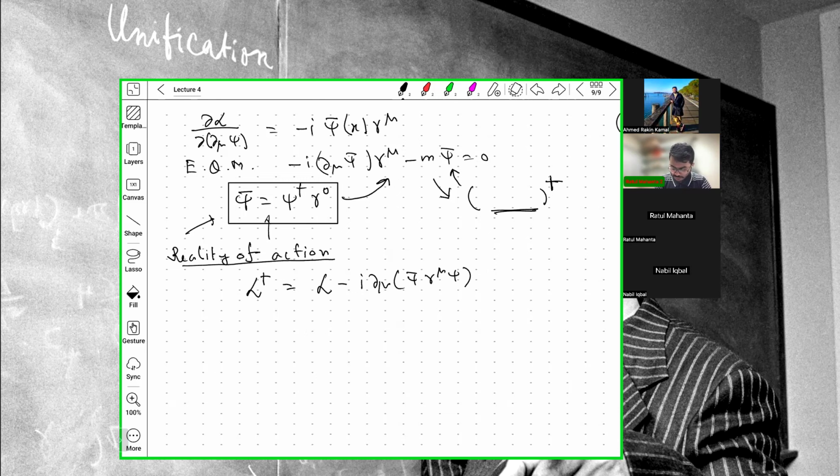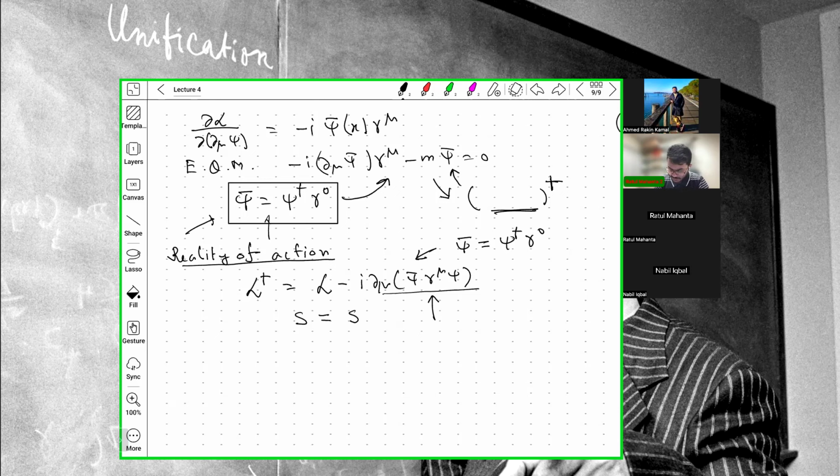In doing so, I have assumed psi bar is this, then it will lead to this relation, and you will see that the action is the same, because total derivative terms do not matter. Also, here you have to use a chain rule, but that is with respect to space-time derivatives.